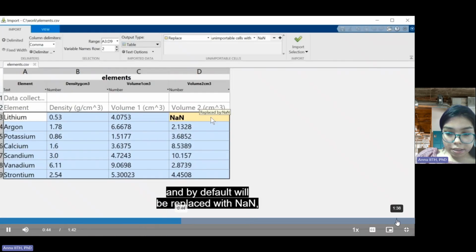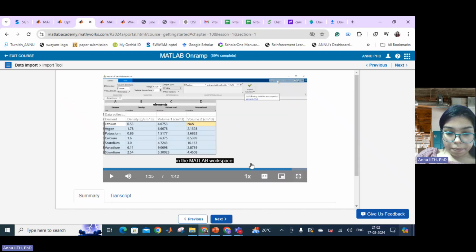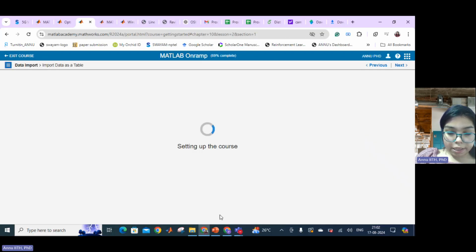So you can see here, this is how the imported data looks like. Okay, so that's correct. We can go to the next section.